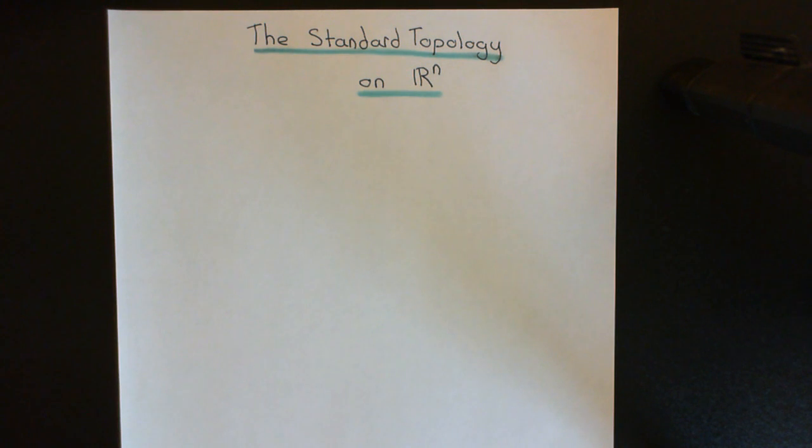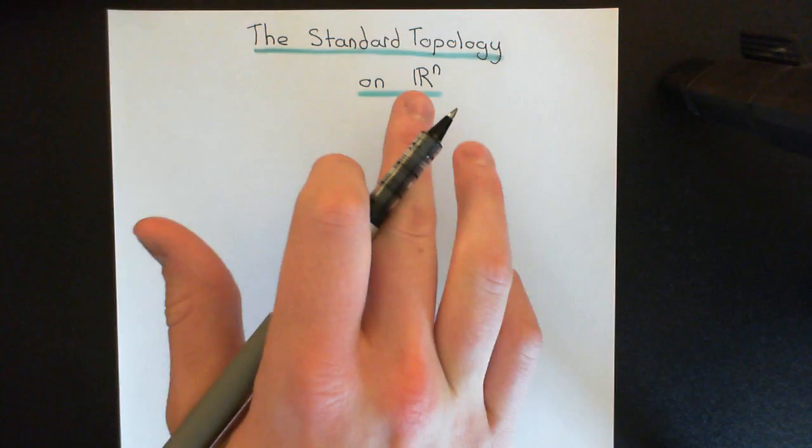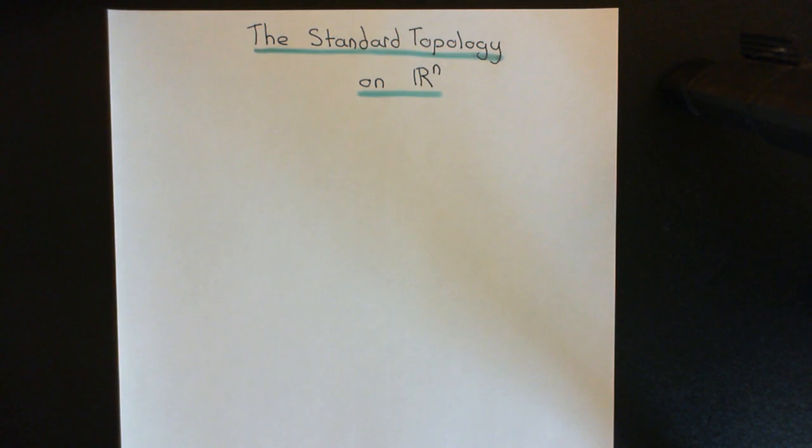Then we'll discuss what Rn is as a set, and the motivation for the standard topology on Rn. Then we'll look at the rigorous definition of the standard topology on Rn, and finally we'll come back and understand why this rigorous definition actually fulfills the motivation for what we were trying to achieve.